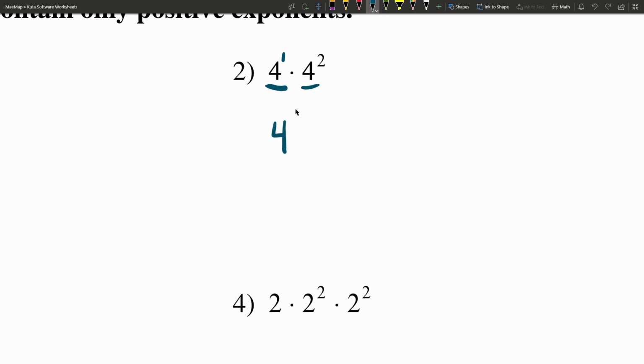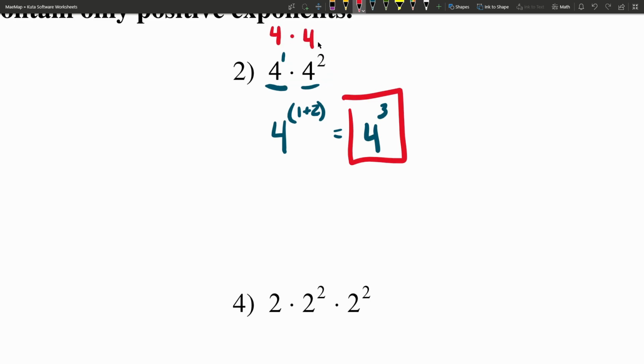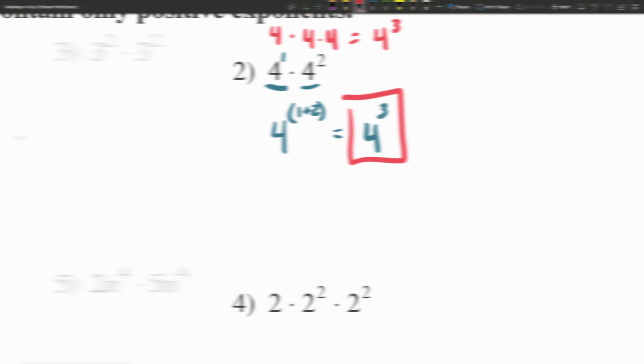Combine those exponents through addition since we're multiplying overall. So 4 to the 1 plus 2 is 4 cubed. Again, visually, 4 to the 1st is just 4, and I'm multiplying that by 4 squared, which is 4 times 4. That's 4 times 4 times 4, which is 4 cubed.